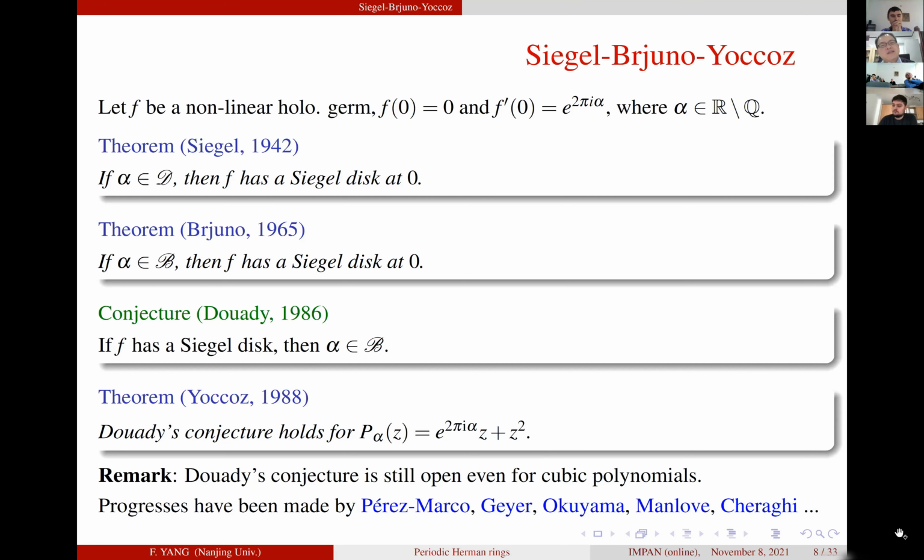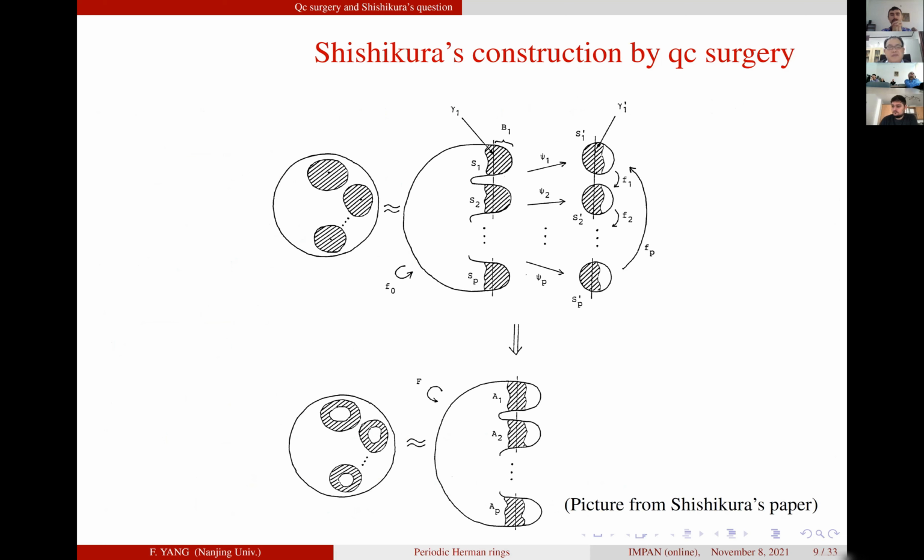Okay, let's recall Shishikura's construction by quasi-conformal surgery. He starts with a rational map F naught. It has a periodic Siegel disk cycle, from S1 to S2 and to SP, and then back to S1. He can choose a sequence of periodic caps, gamma 1, gamma 2, up to gamma p.